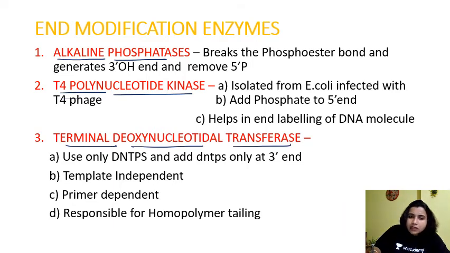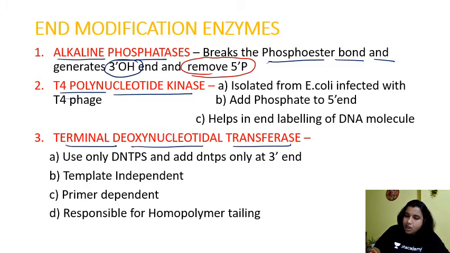Alkaline phosphatase, what is the function of alkaline phosphatase? It breaks the phosphodiester bond, generates 3' hydroxy end, and removes the 5' phosphate. So alkaline phosphatase removes the 5' phosphate and generates only the 3' hydroxy end.